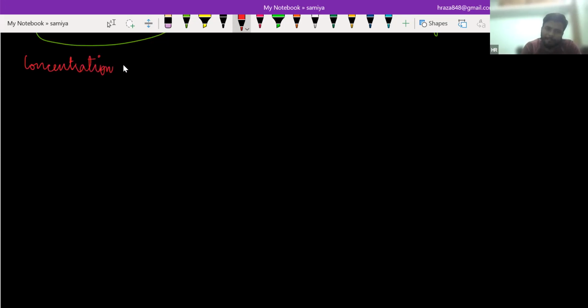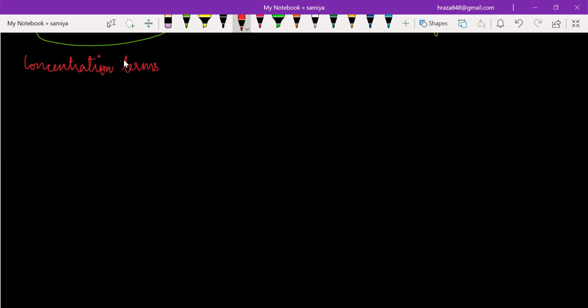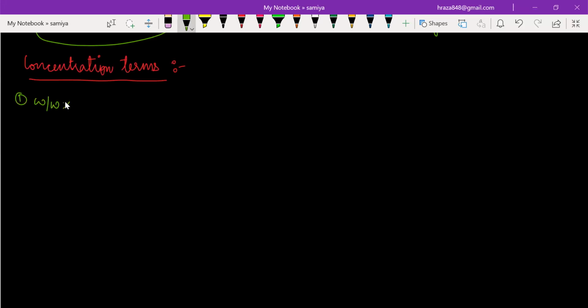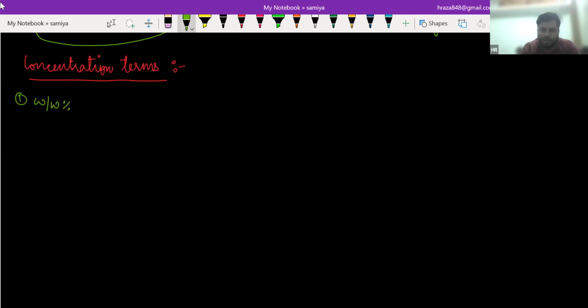So moving to the next part, which is very important for the calculation part, and the numericals come on this base, that is concentration terms. Have you studied it? Yes. Now see, I am going to write the list of concentration terms. Weight by weight percent, weight by volume percent, volume by volume percent.